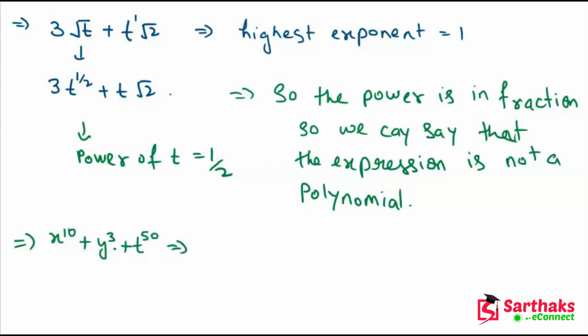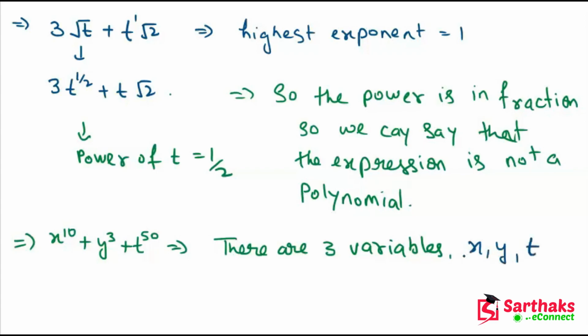In this there are three variables. What are these? They are x, y and t. Okay my dear friends, I hope you understand these things.